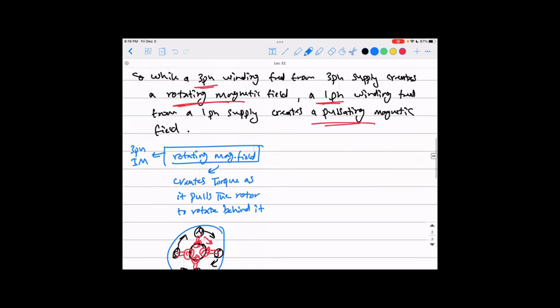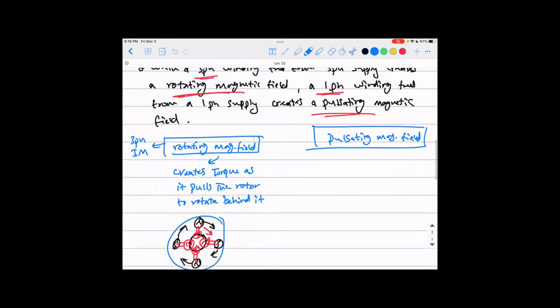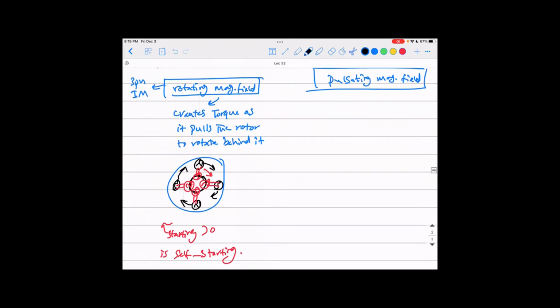Okay? But if you talk about a single phase machine, why do we say it's a pulsating magnetic field? If we look at the stator and look at what we have as a winding here, it is just one winding with two halves, like you see in here.